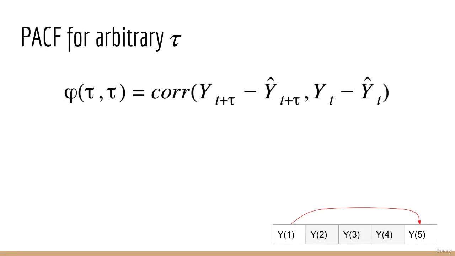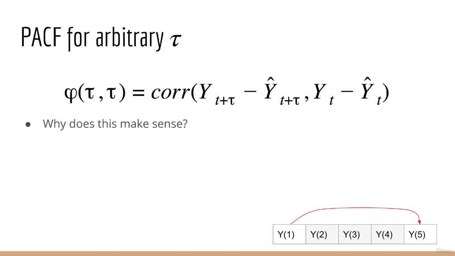Next, we have the big reveal. Phi tau tau is just the correlation between y at time t plus tau minus y hat at time t plus tau, and y at time t minus y hat at time t, as defined on the previous slide. That is to say, phi tau tau, or the PACF for lag tau, is the correlation between any noise after subtracting off the parts that could be predicted by the regressions.